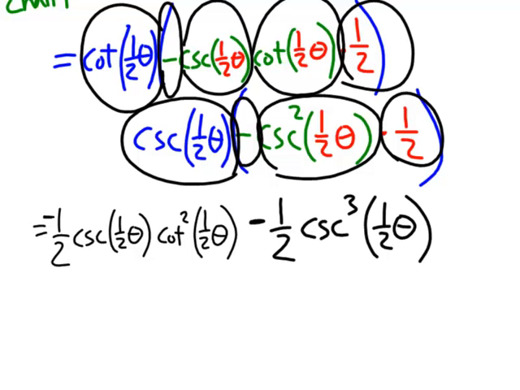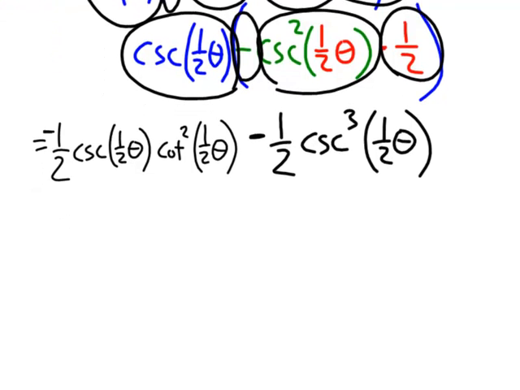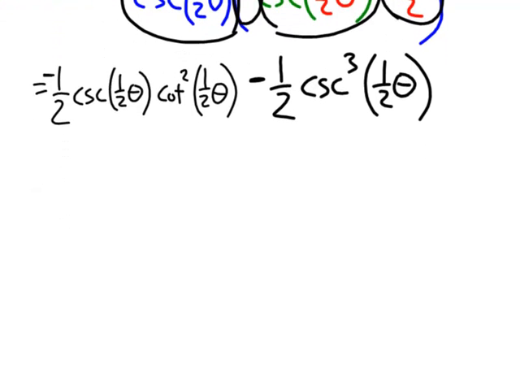Now, one of the tricky things about trig functions is that it's sometimes hard to tell when you're done. I would say we definitely should factor out what we can algebraically. So let's at least factor out the greatest common factor between these two terms, and that would be, looks like, negative 1/2 cosecant of 1/2 theta.